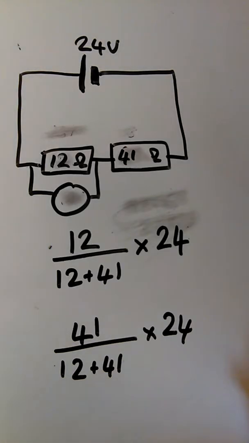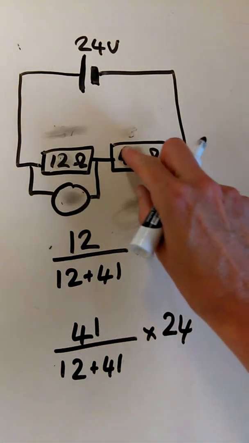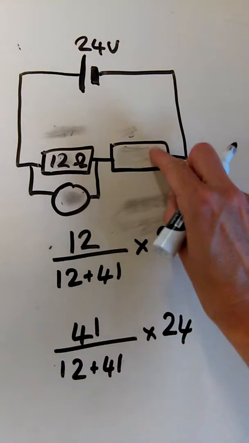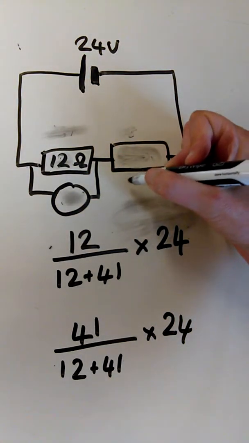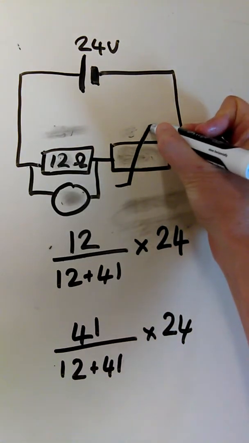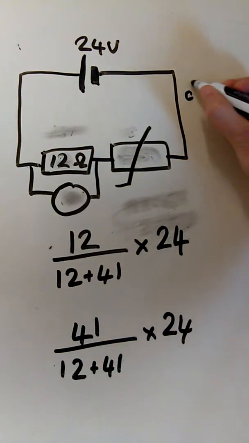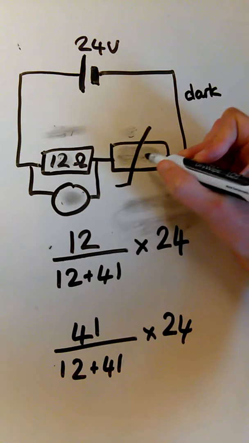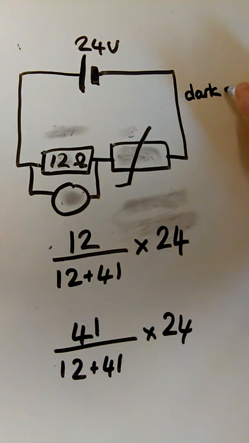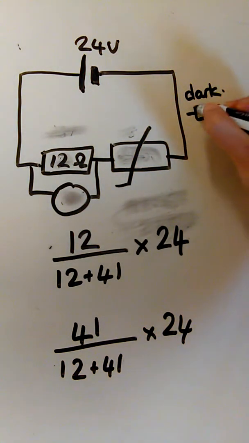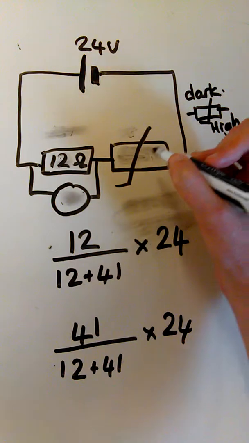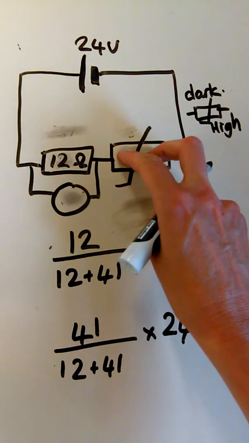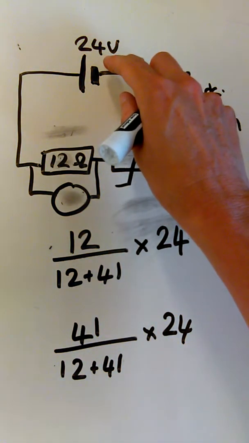Now you might have to do it, instead of two fixed resistors, if this was, let's say, a thermistor. Now what you'll have to know here is, in the dark, the resistance of the thermistor is higher. Okay, so this has got a high resistance in the dark. Now, if it's got a high resistance in the dark, it's going to have more of the share of the 24.